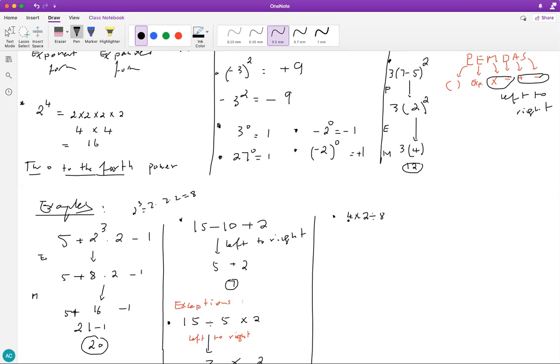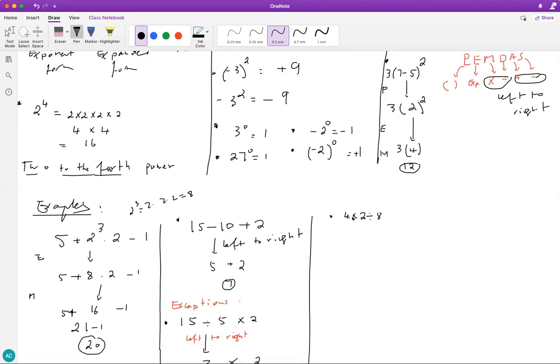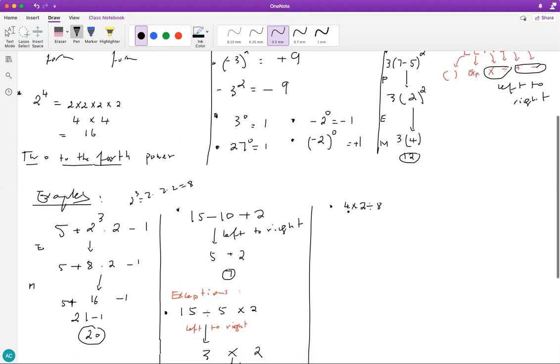We're working left to right. Exactly. So would it be 8 divided by 4? That's right. Always when you see these two together right next to each other, you do the left one, whichever comes first, first. This only applies to these two, not if you have more things. So that's 8 divided by 8, and that's 1.